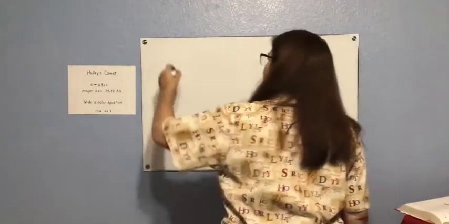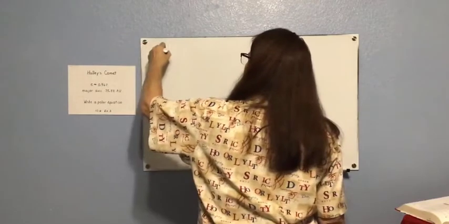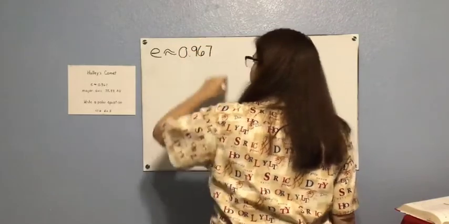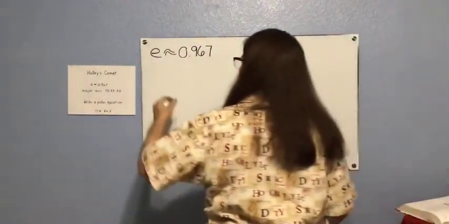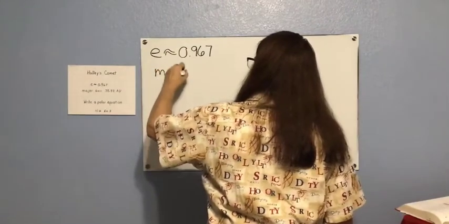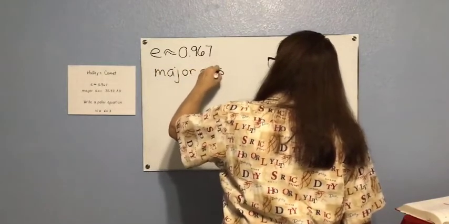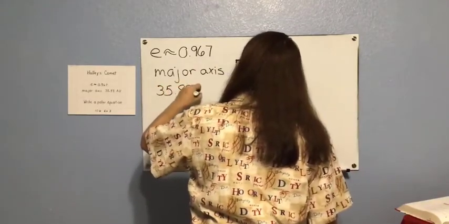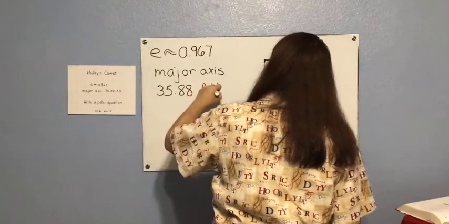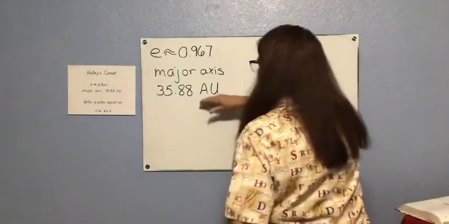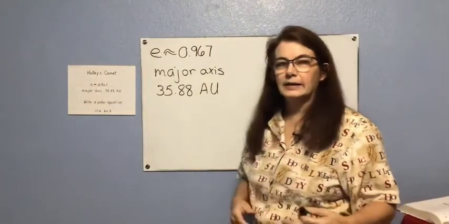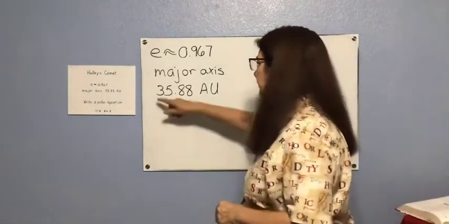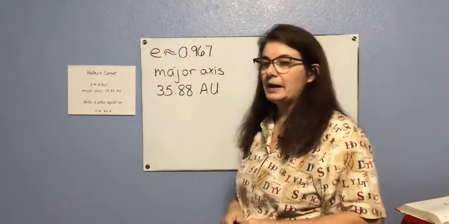So for Halley's Comet, we have an eccentricity of approximately 0.967, and the major axis is at 35.88 astronomical units. An astronomical unit is defined as the mean or the average distance between the Earth and the Sun. So 35 of those, this comet goes way on out there.